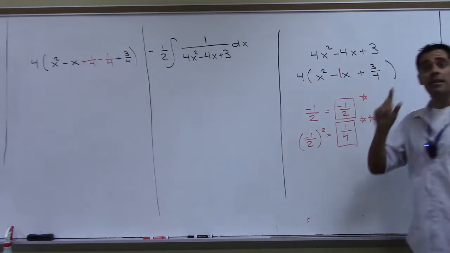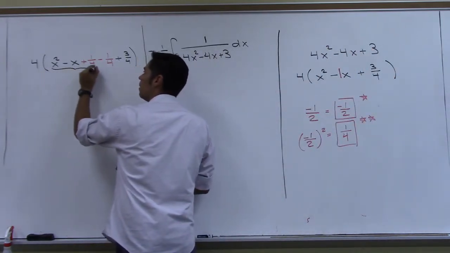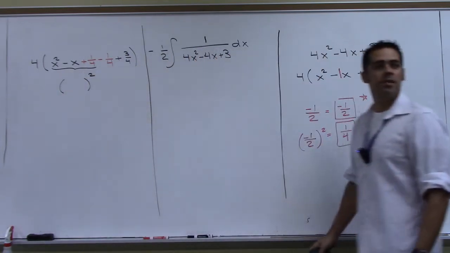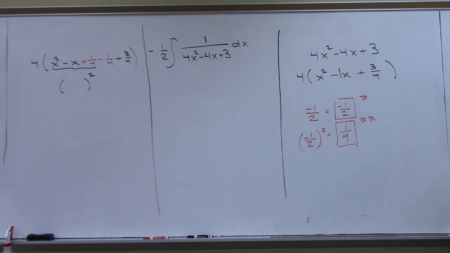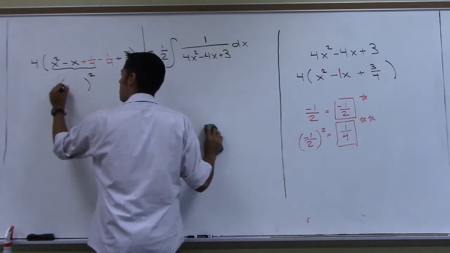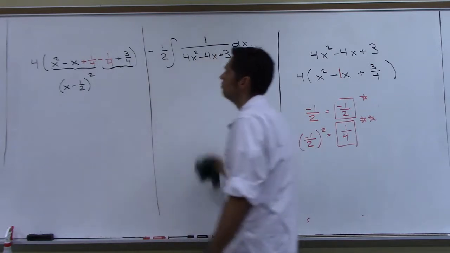Now, we're guaranteed that the first 3 terms will break down to be something squared, right? And what is it that it's going to be? X minus a half. And that comes from this number. So that's going to be x minus a half. And then these two have to be put together.